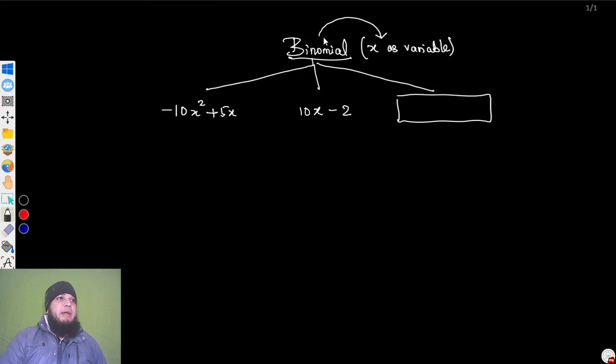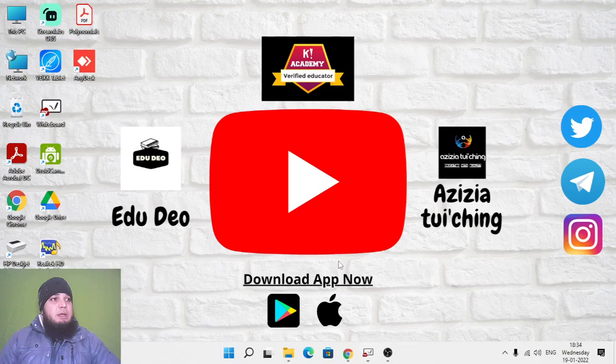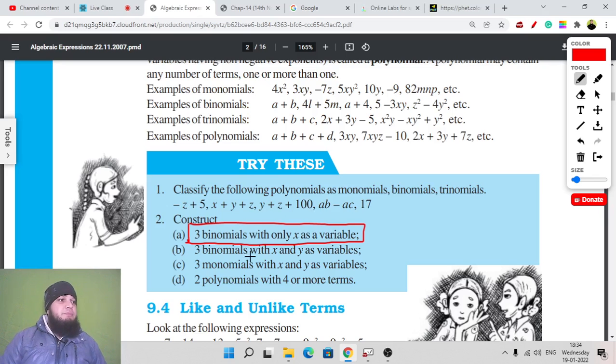Yes, binomial with x as variable. Yes, very good. That is 2x plus 1. Very good. Excellent.